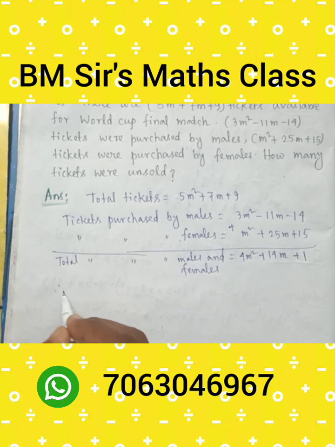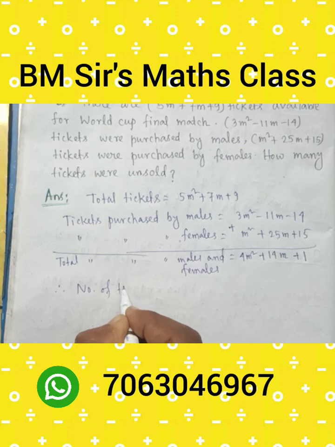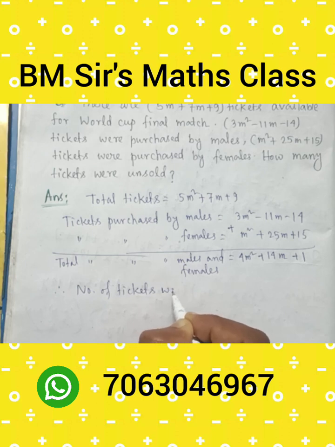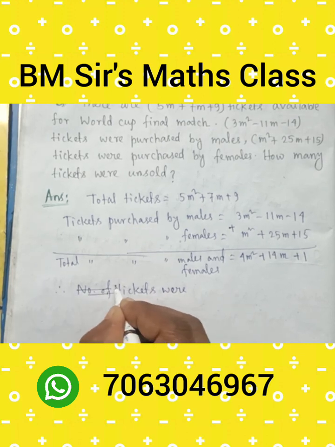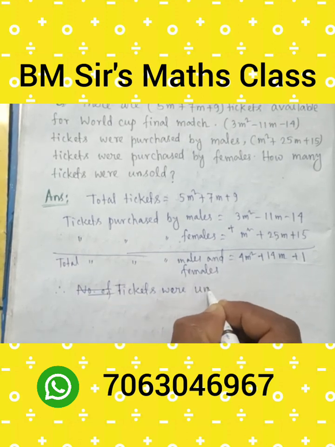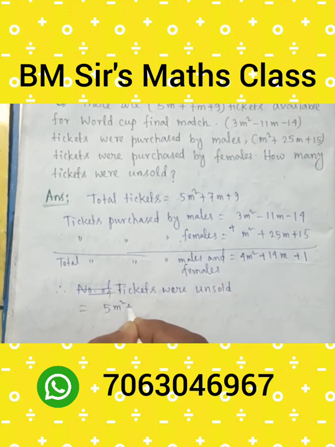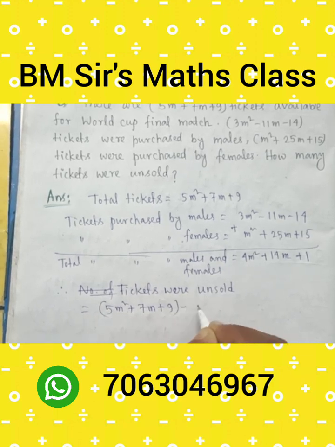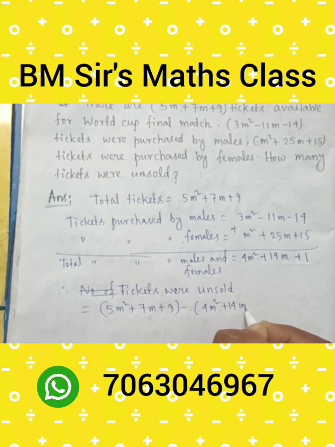That means the number of tickets unsold is 5m square plus 7m plus 9 minus 4m square plus 14m plus 1.